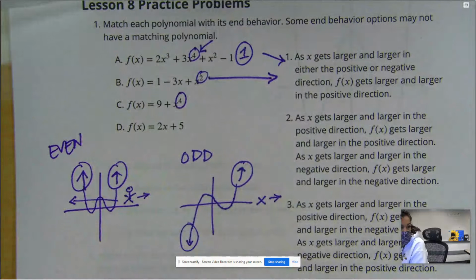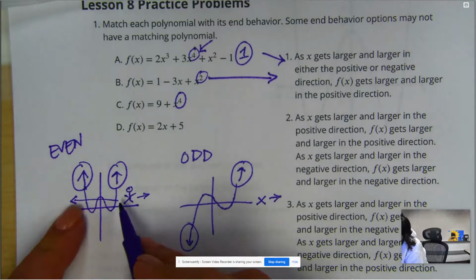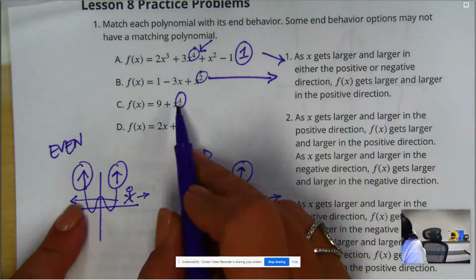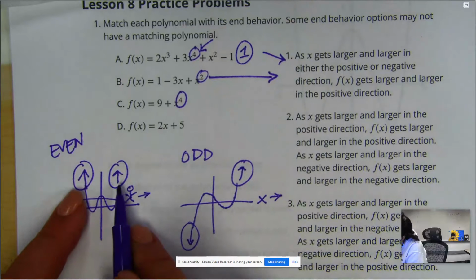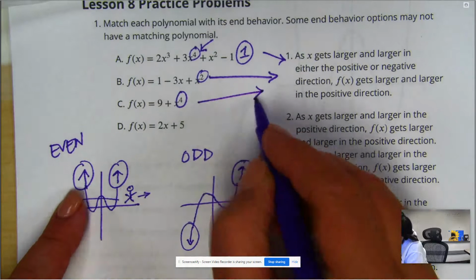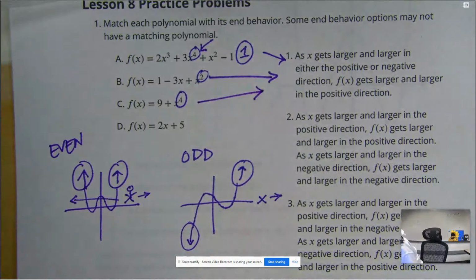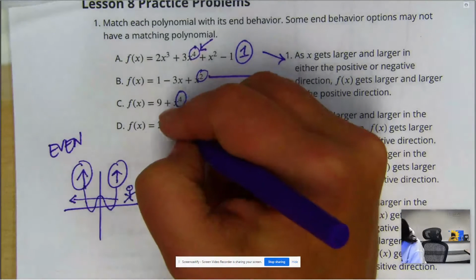I'm just making sure that all of these are really supposed to be number 1, but it is. C would look like this again, and if you were confused, you could always go to Desmos and type it in real quick and see. Okay, this is an even degree. No matter which way I go, if I go to the right or to the left, the output of my graph is getting larger and larger in the positive direction.